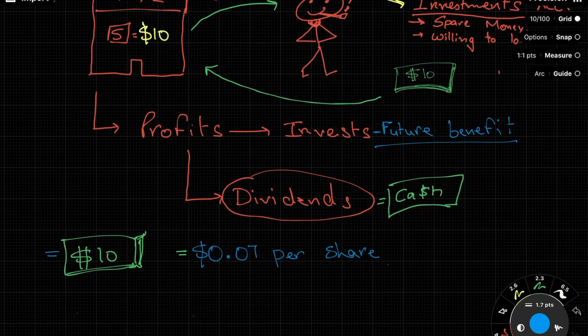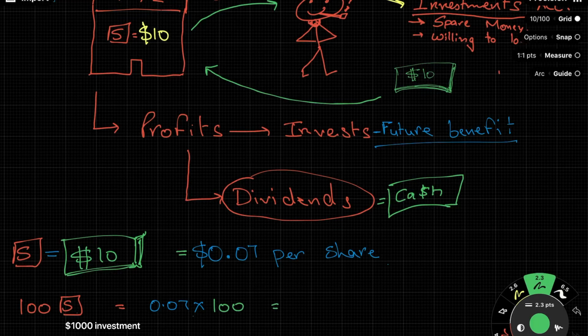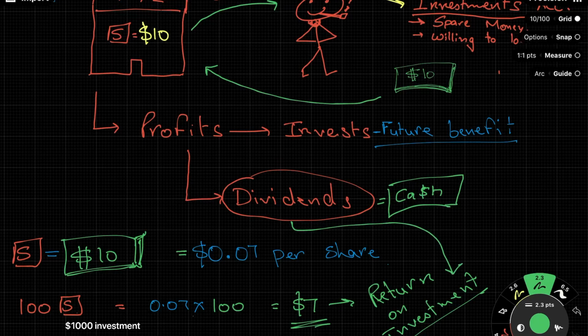So since you had just one share, this is your earning out of this investment. But in real life, I'll be buying at least 100 shares. That is a $1,000 investment. And my return on that investment would be $7. This is my return from the dividends. This is what I earned as dividends.